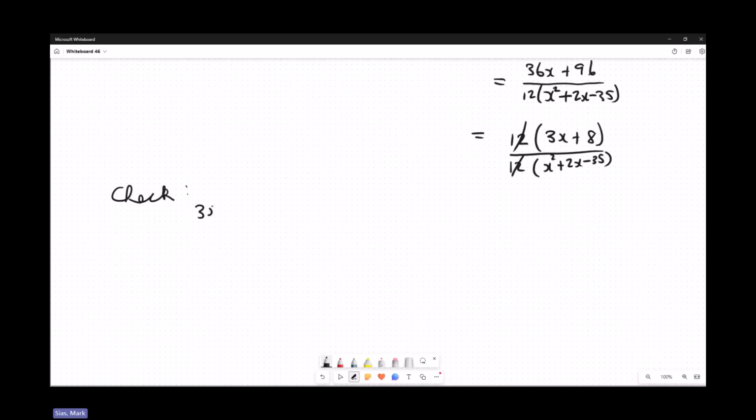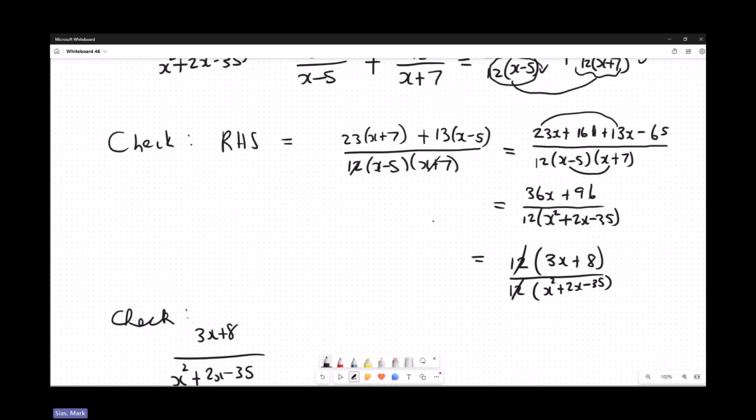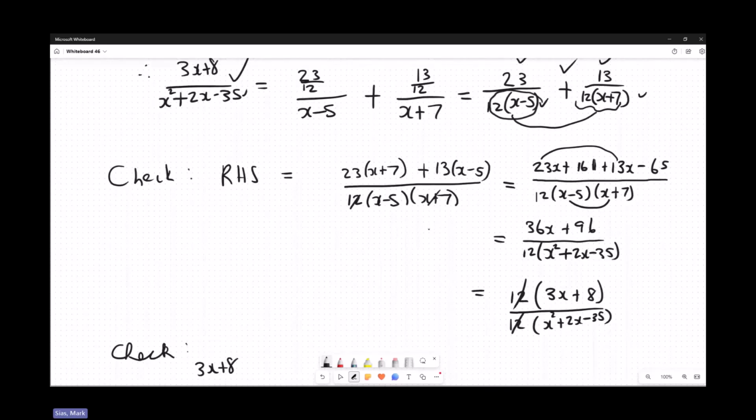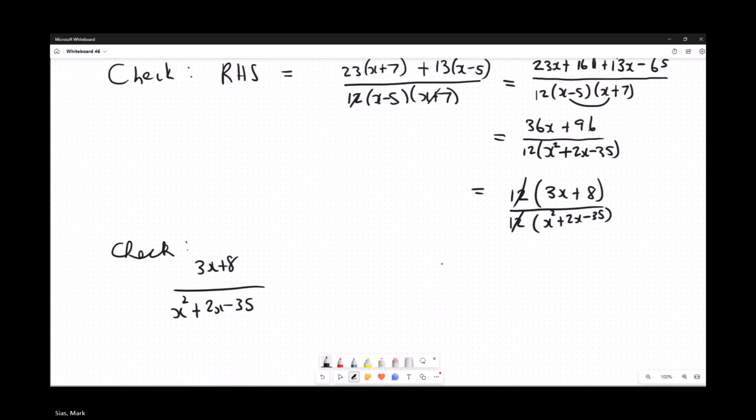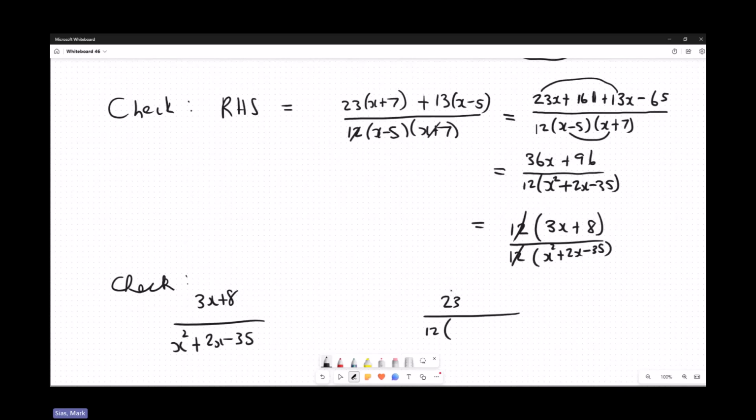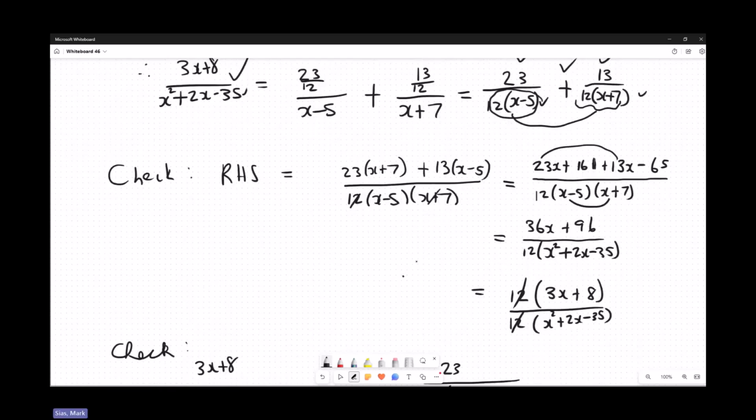Let's check 3x plus 8 over x squared plus 2x minus 35. We want to check whether this is equal to this. What did we have there? We had 23 over 12 times x minus 5, I think it was. Times x minus 5.